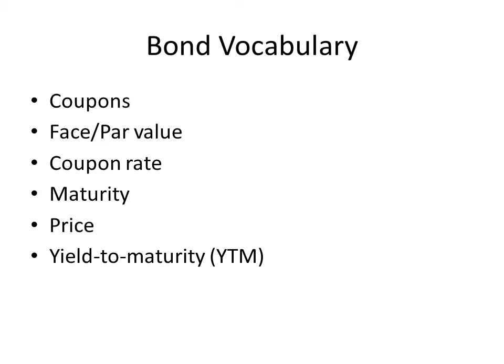Now, students often get confused between the coupon rate and the yield to maturity. For the great majority of bonds, the coupon rate will remain fixed throughout the life of the bond. It's set at the very beginning, and it never changes. On the other hand, yield to maturity fluctuates constantly. Think about this.